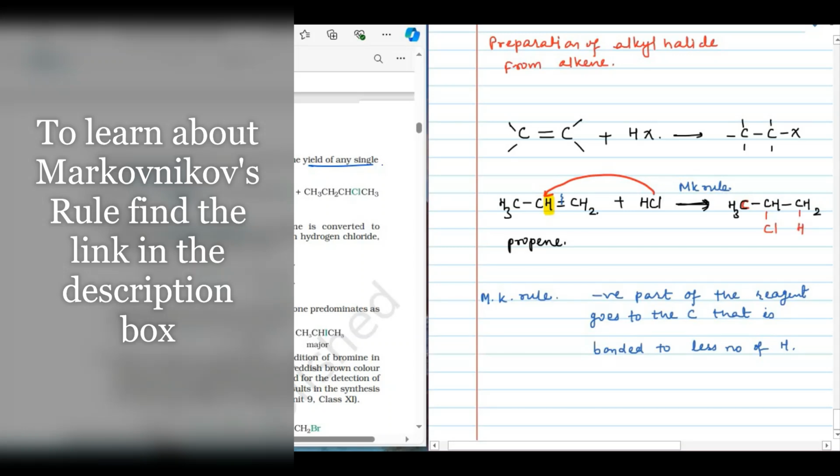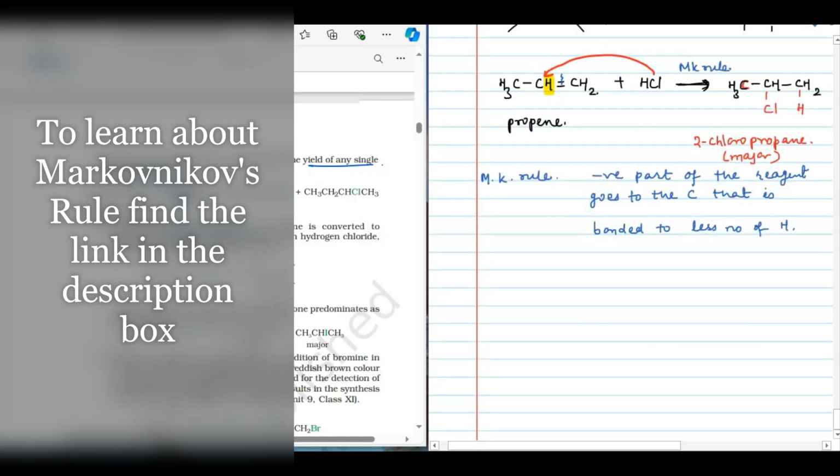So the name of this molecule will be 2-chloropropane. This will be the major product of the reaction, while the minor product will be 1-chloropropane. All this you have learned in the 11th standard.